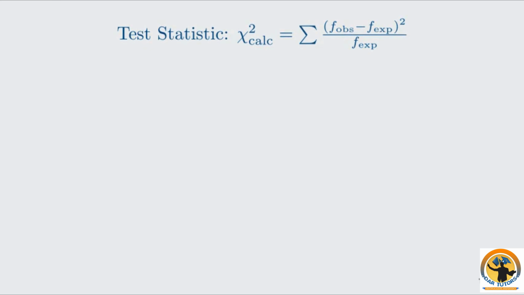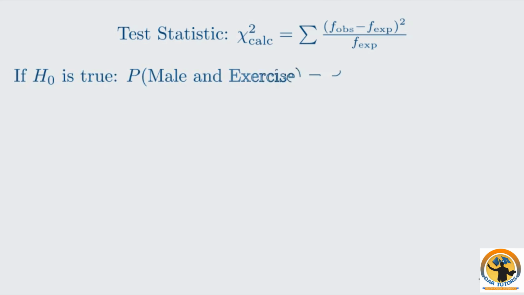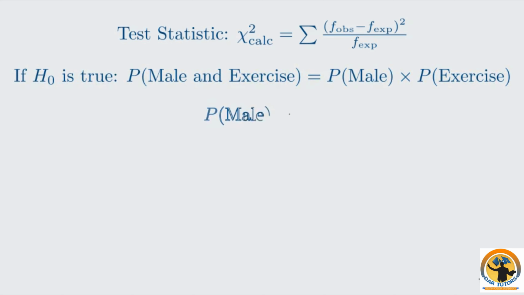Let's assume for a moment that the variables are independent, which is our H0. If they are independent, the probability of being male and exercising regularly is the probability of being male, multiplied by the probability of exercising regularly. From our table, the row total for males is 216 and the column total for exercise is 208, out of a total of 400 people.